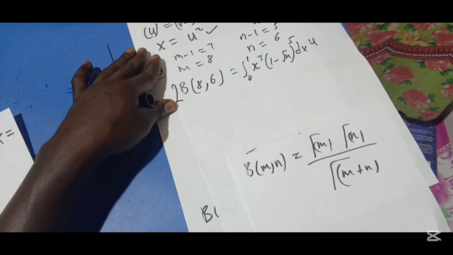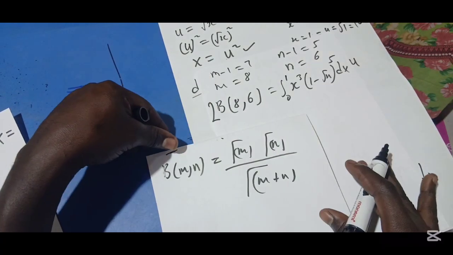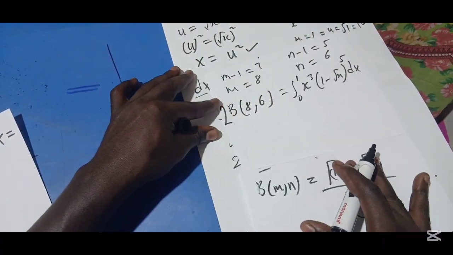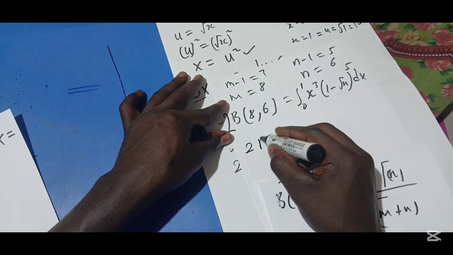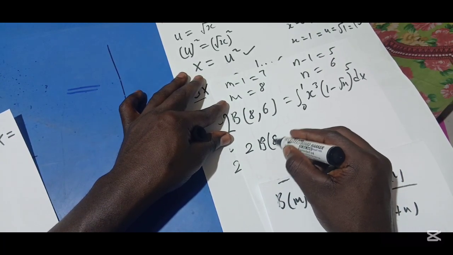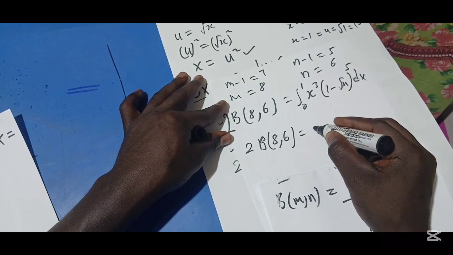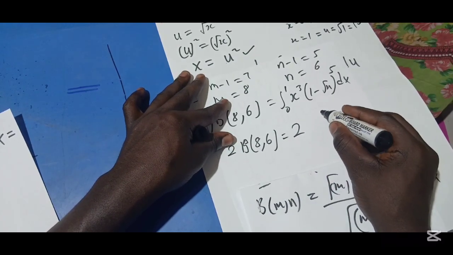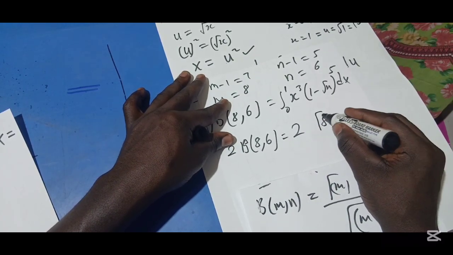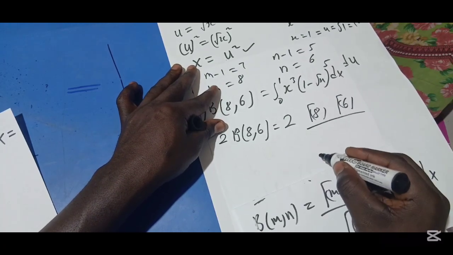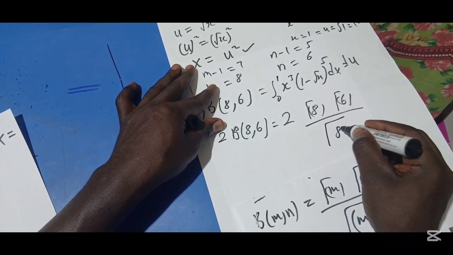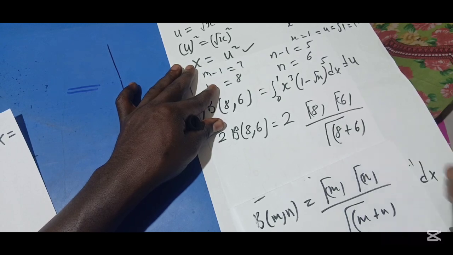So let's proceed with this. So this whole thing will give us 2 beta of 8, 6, which is 2 multiplying gamma 8, gamma 6, and gamma of 8 plus 6.